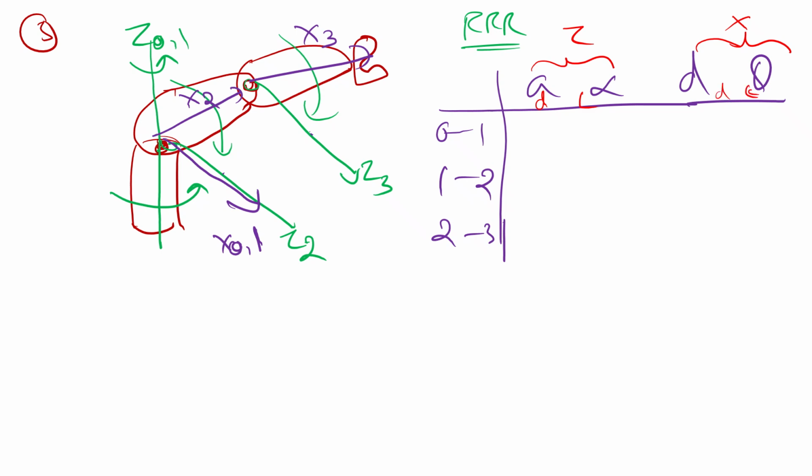So let's see 0 and 1. First consider the z-axis: the distance between z0 and z1. Z0 and Z1 are together, so it is 0. The angle between z0 and z1 is also 0. Then the distance between x0 and x1: both are the same. Then the angle between x0 and x1: whenever this rotates, there is a slight movement.